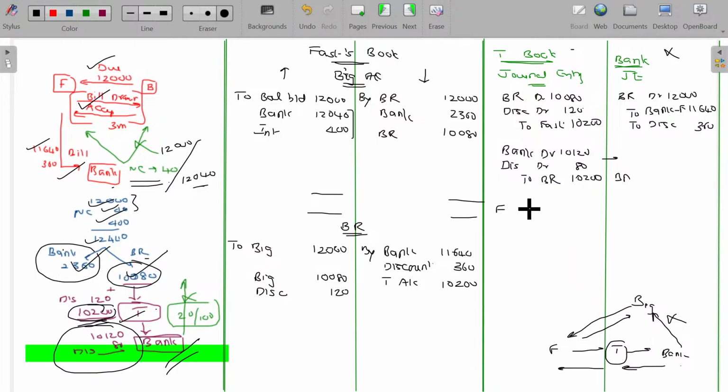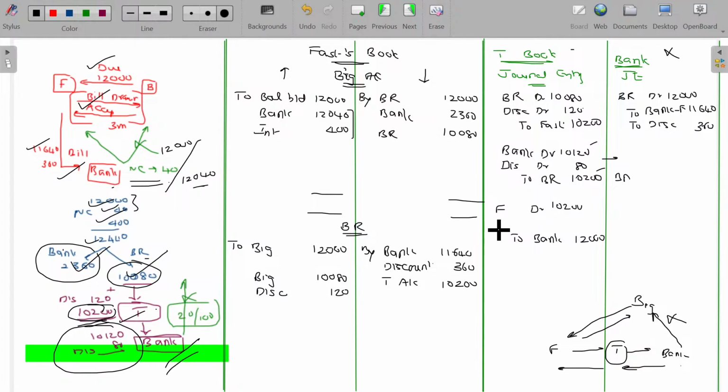So F account debit, and to bank. How much money is payable to the banker? 12,000 rupees originally. And for F, 10,200 rupees.